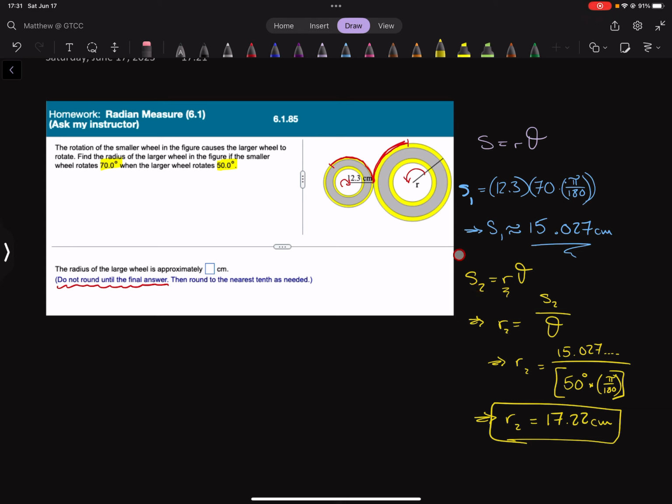We rearrange this equation so that radius is isolated, reuse that arc length calculation in the numerator, and in the denominator, convert the 50 degrees into radians. We divide the arc length by the rotation in radians, and we end up with 17.22 centimeters.